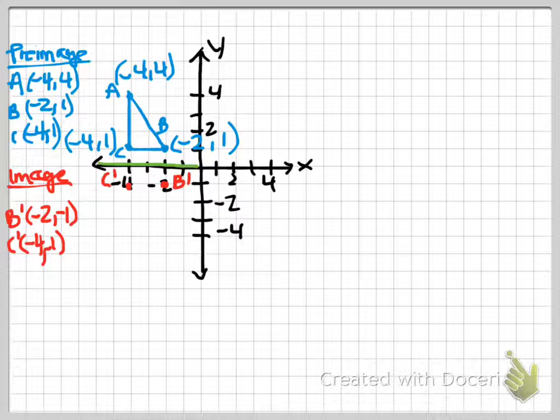And then we're 1, 2, 3, 4 above on A, so we're going to be 1, 2, 3, 4 below the x-axis on the image. So A prime is going to end up at -4, -4. Okay, so notice the point is at the bottom in the image where the point was at the top in the pre-image. That's where the flipping is going to take place.